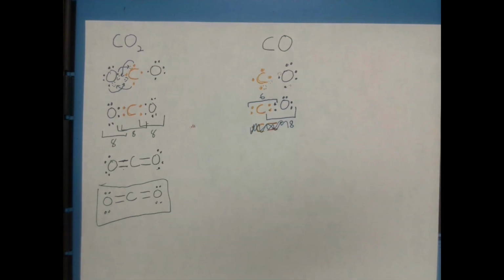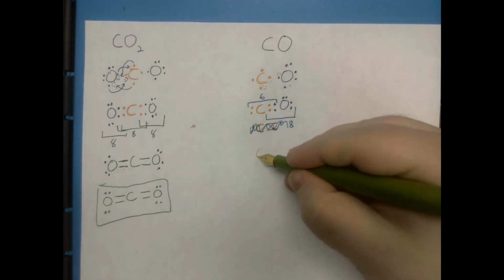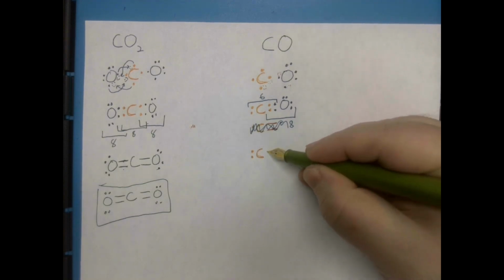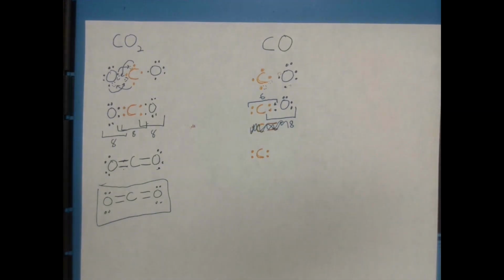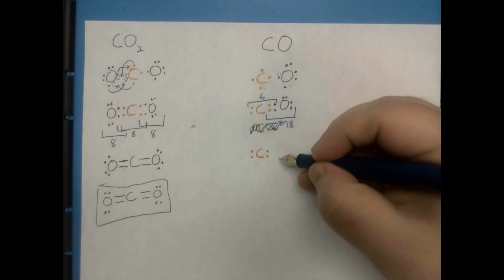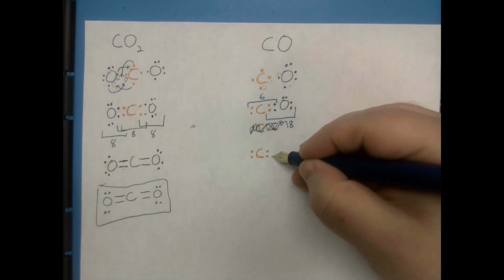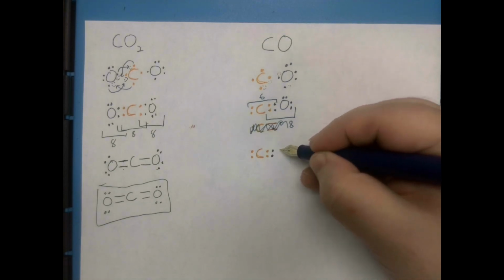So, let me redraw it. What do you think is going to happen? So, carbon needs two electrons, so what do you think is going to happen?